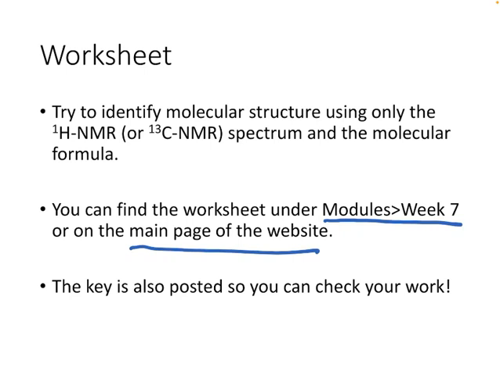And again, your structure might not look exactly the same as the one that I got, but as long as you have something pretty close, that's good enough. And the key will be posted as well so that you can check your work and see how close you got. All right, so I highly encourage you to work through that worksheet before you take the exam because you might find a couple of problems on the exam that are similar, so it's good preparation.